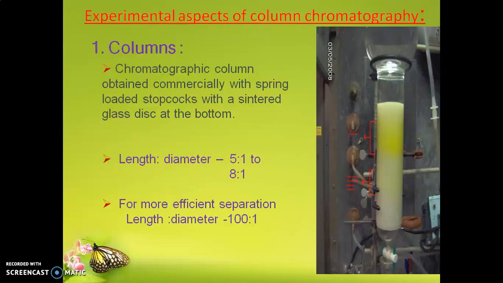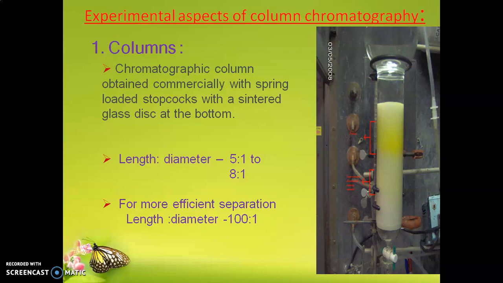Then experimental aspects of column chromatography. So here we are starting one by one with the components of column chromatography. First is the column. A chromatographic column is obtained commercially with a spring-loaded stopcock, as shown in the diagram, with a sintered glass disc at the bottom, which prevents the elution of stationary phase from the column.